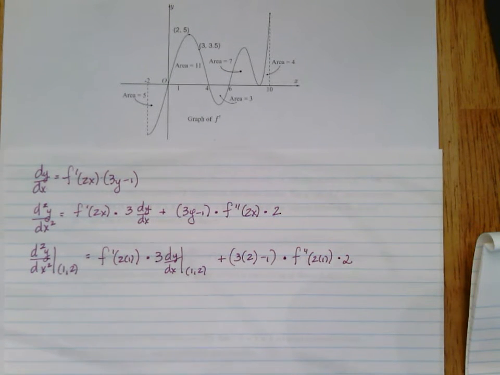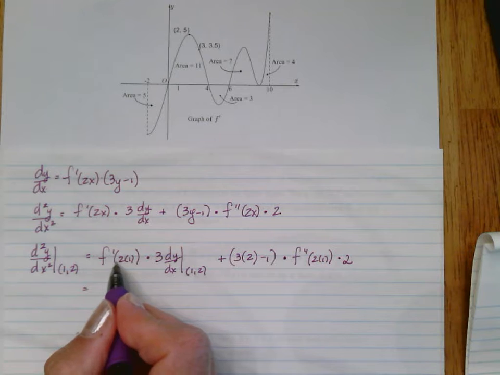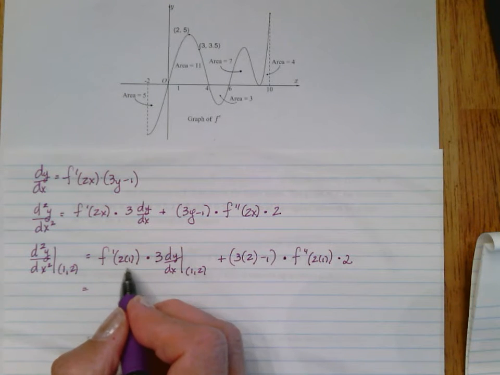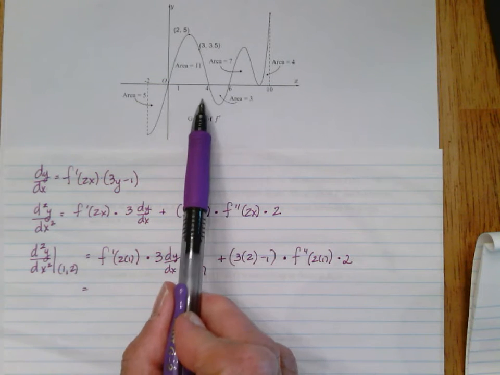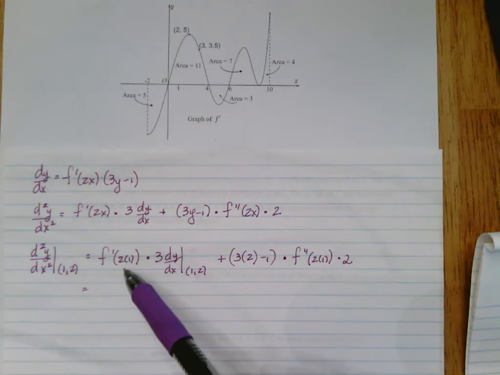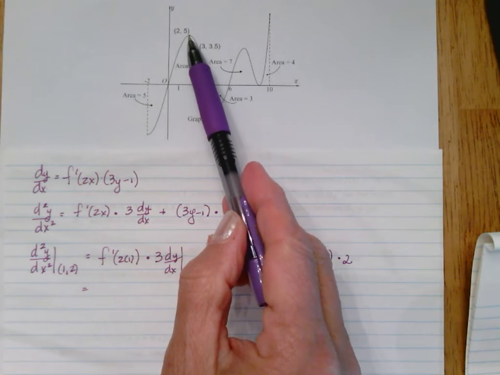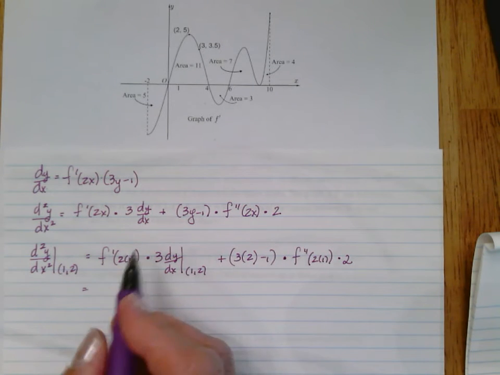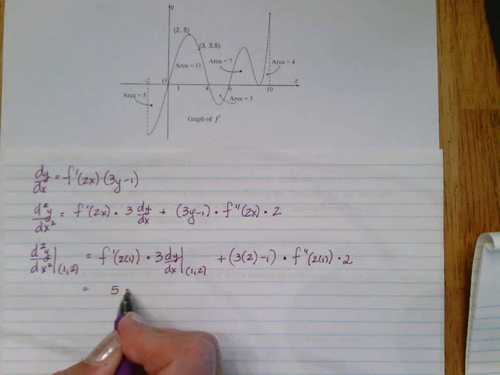Okay, so let's work through this. f prime at 2: 2 times 1 is 2. Well, f prime is the graph of the function that you have. And when x is 2, what is the y value? Well, you have an ordered pair up here. So it's 5. So f prime of 2 is 5.